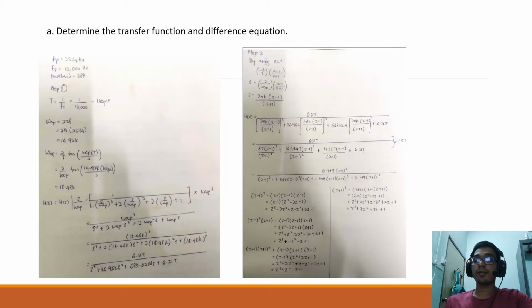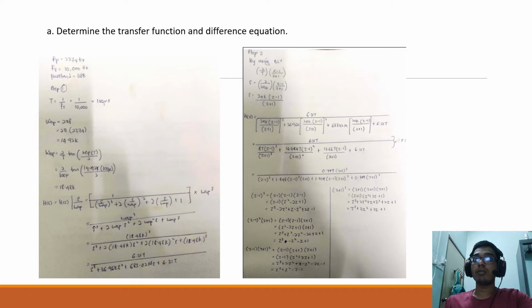To determine the transfer function and difference equation, we need to use the cutoff frequency Fp, which is 2374 Hz, my last four digits of matric number, and Fs is 10,000 Hz, with a passband of 3 dB.